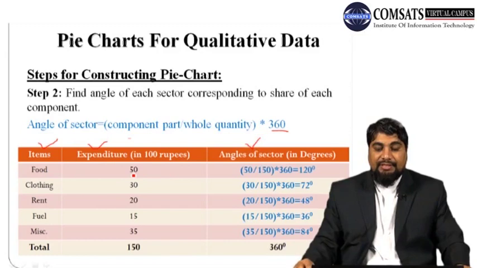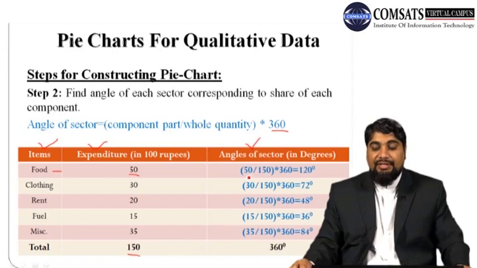So as far as the first item is concerned, it is food. So the expenditure is 50. So in this result the component part is 50 divided by whole quantity. Whole quantity is 150 multiplied with 360.